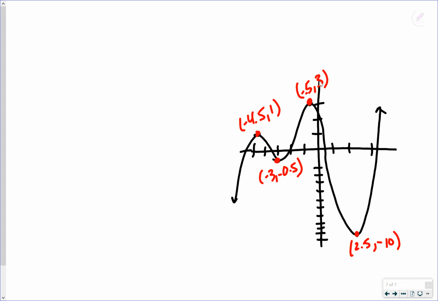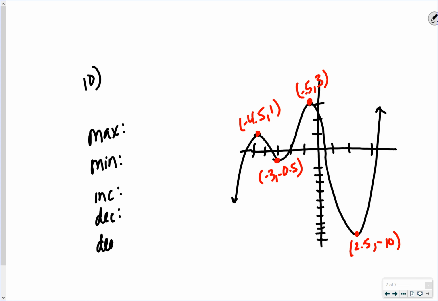So, given the following graph, state all maximum, number 10, maximum, minimum values, intervals where the function is increasing, decreasing, and possible degree. So maximums and minimums, maximums are highs, minimums are your lows.